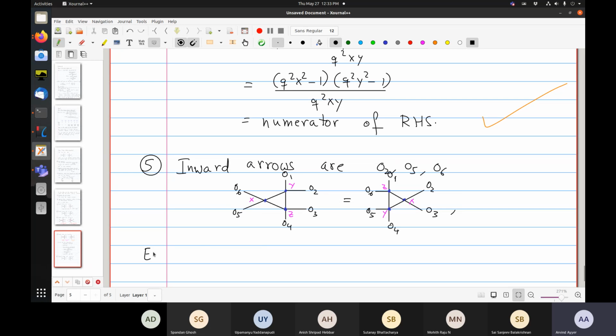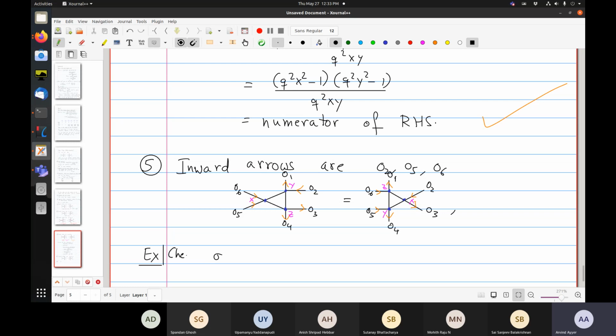I leave it as an exercise for you to check that the left hand side has only one. Oh, I should at least draw the arrows. Okay, so O2, O5, O6 are outward, and 1, 4 are outward, O2, O6 inward. I have to keep saying this otherwise. So here you get the identity.